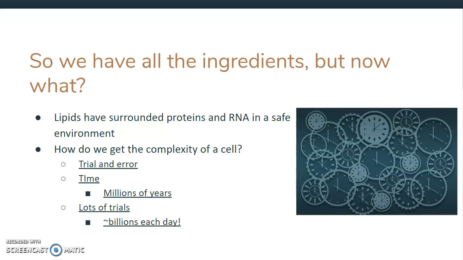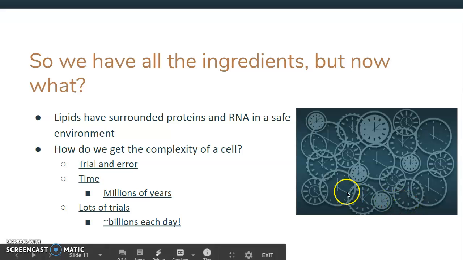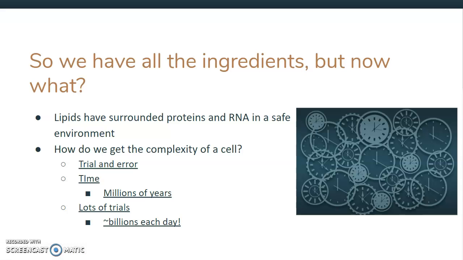Now, we might have billions of these forming every hour. And then over millions of years and lots of trials each day, eventually some of the ingredients came together just perfectly so that it could create a functioning cell.